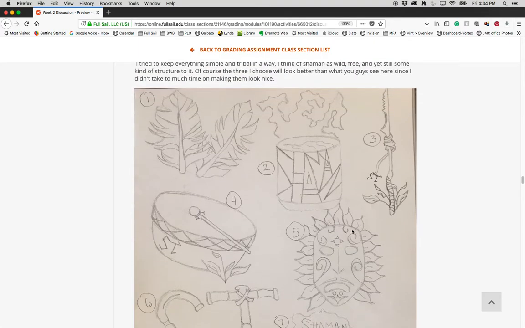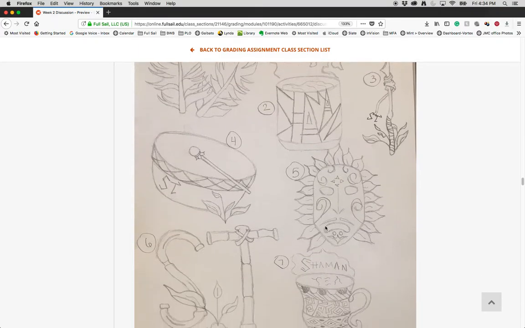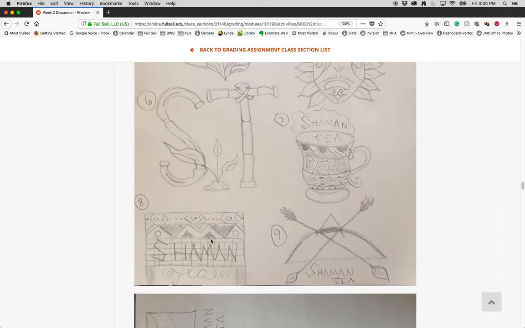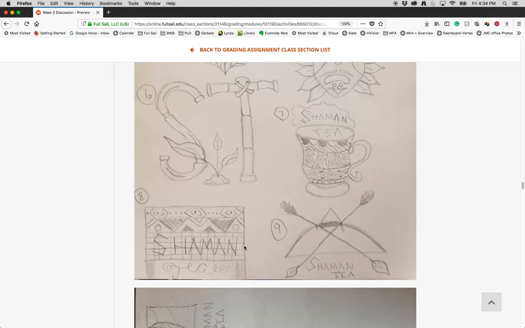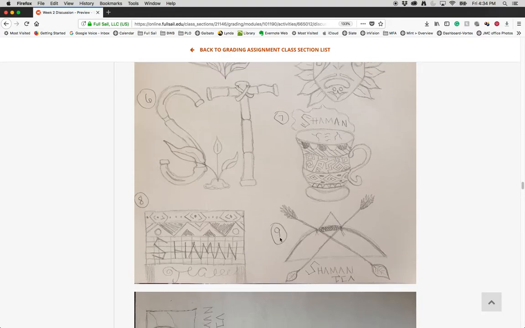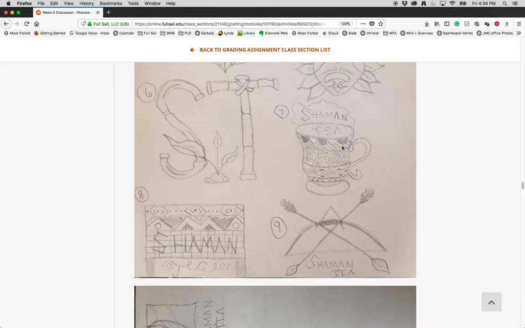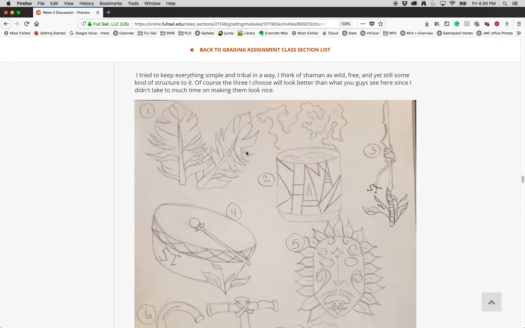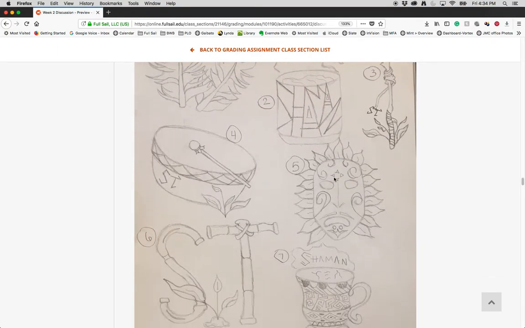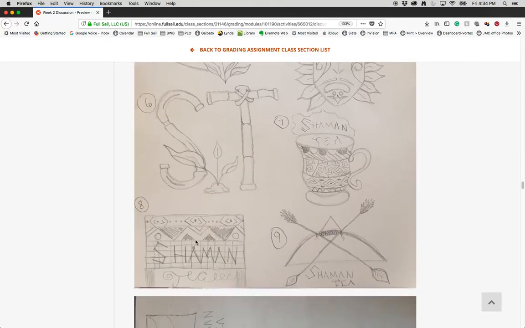That's a good one. Perhaps the drum, number 4. And this one, I'm interested in the patterns, but I wouldn't put the word mark in the icon. Maybe the patterns on the teacup. So I think you've got number 5, number 4, and potentially number 8.